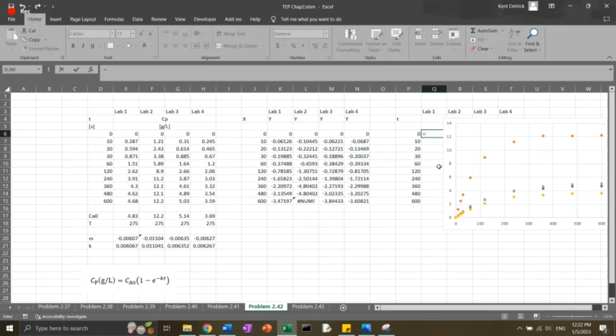Lab equals, now we're using this equation, but we know what K is for each of these values, so we're going to use that function. So C_A0 times 1 minus the exponent of minus k times t.